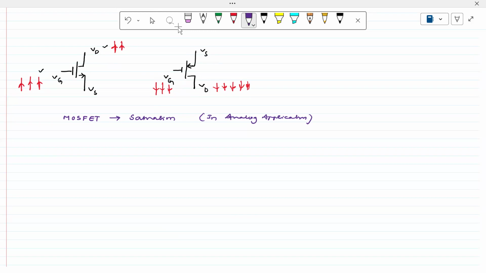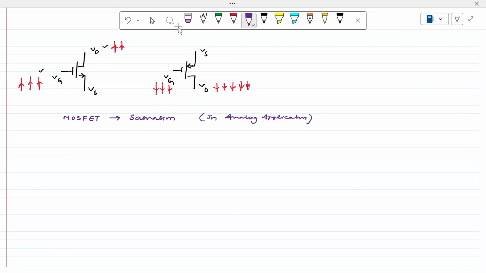From the gate point of view, what can you say? The gate potential should be far less than the drain potential for the NMOS, whereas for the PMOS, it should be more positive than the drain.